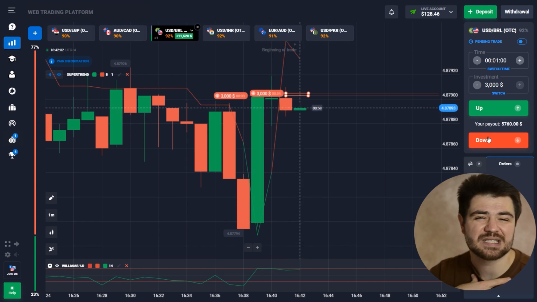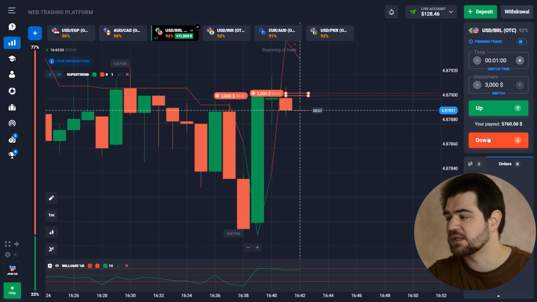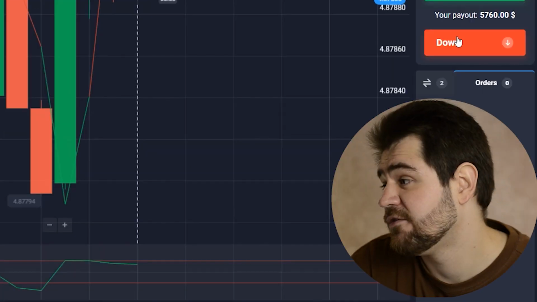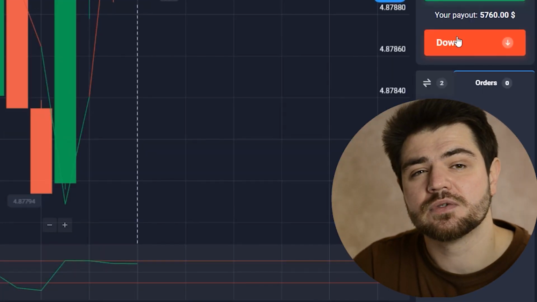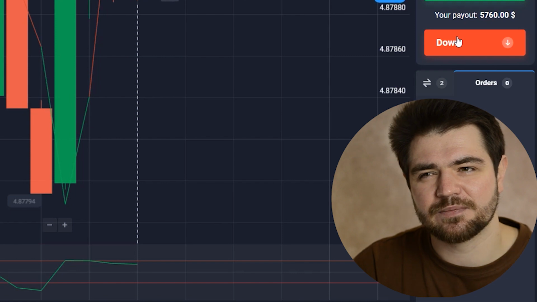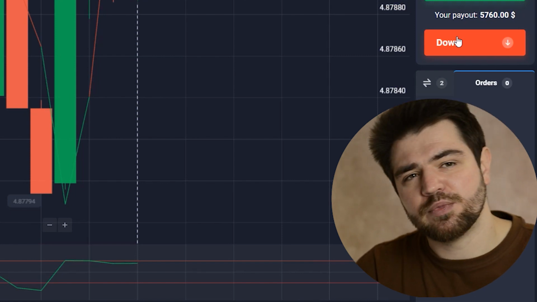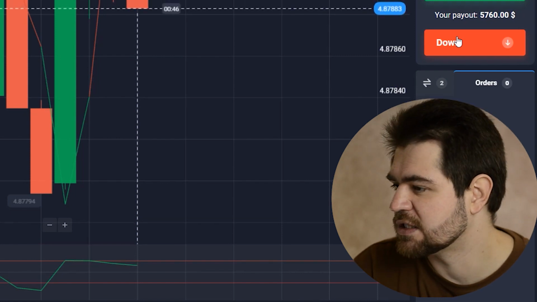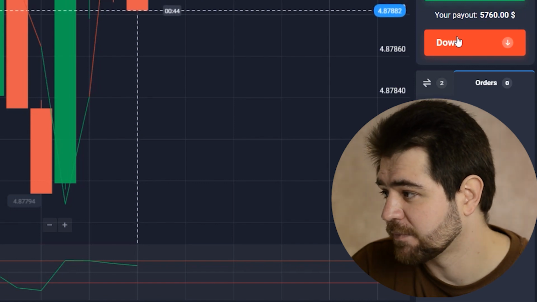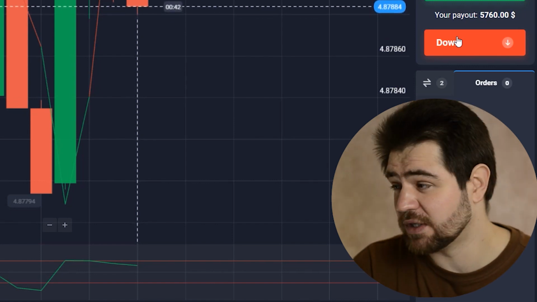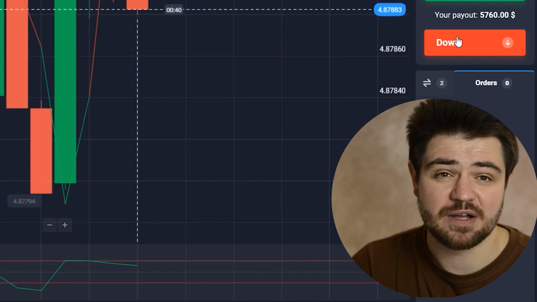But we got to the resistance level, so it usually bounces off it and goes back down. Even if it's a pullback, or even if it goes down and collects some power and then breaks through. These are the scenarios.